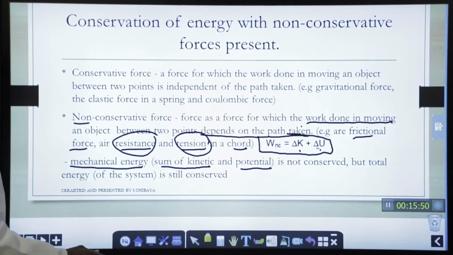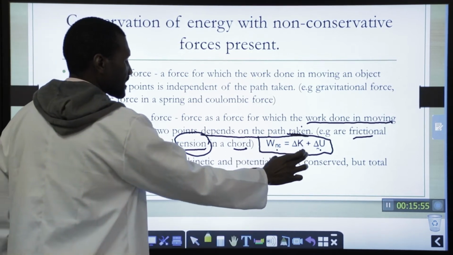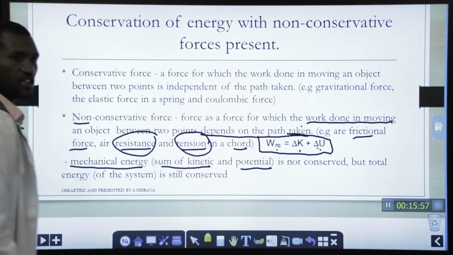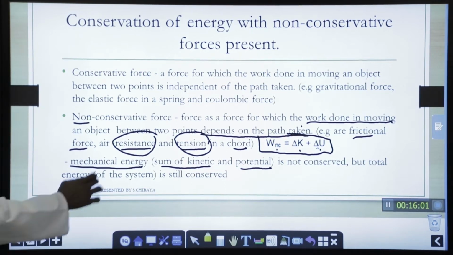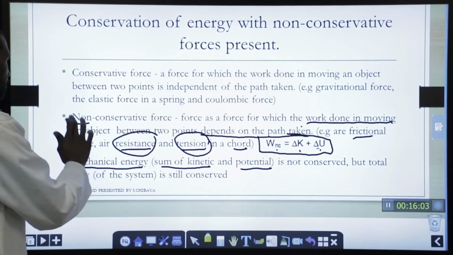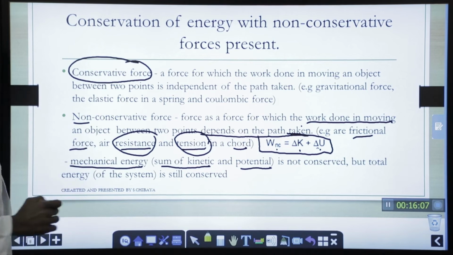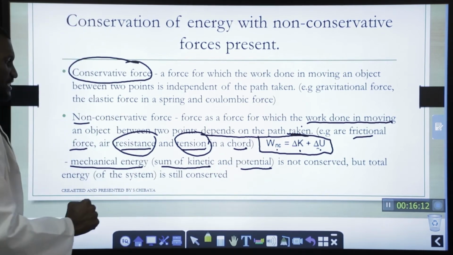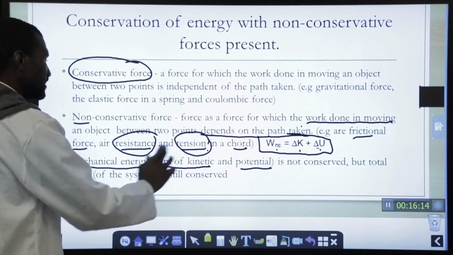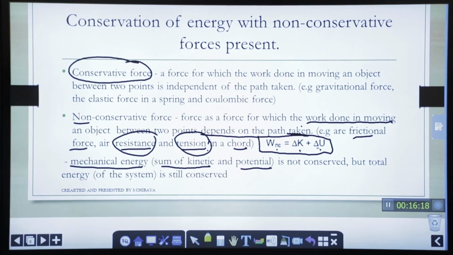In other words, in a non-conservative system, we get a value for the change in kinetic plus the change in potential energy. In a conservative force, they are equal: the change in kinetic energy is equal to the change in potential energy. All right.